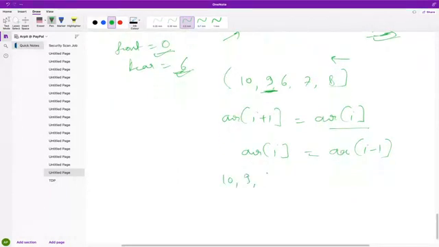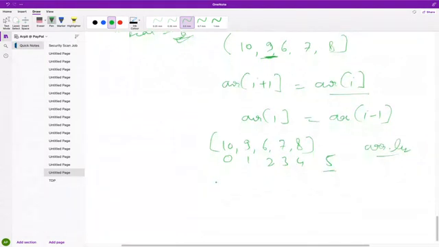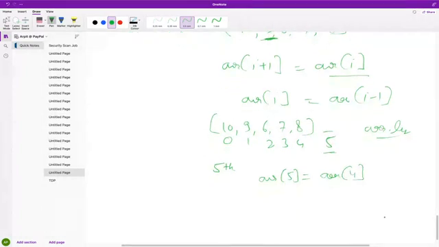Let me show you how. So indexes 0, 1, 2, 3, 4, and 5, right? We are starting our loop from array dot length, which is 5, so from the fifth index. Now we'll do array of 5 is equal to array of 4.